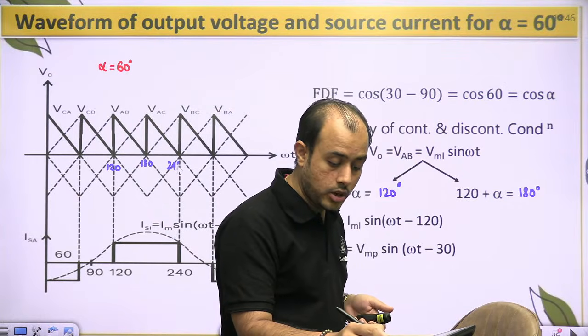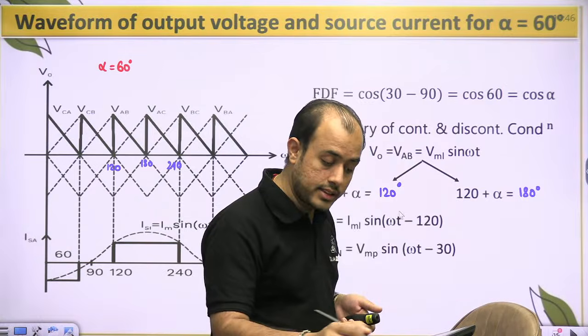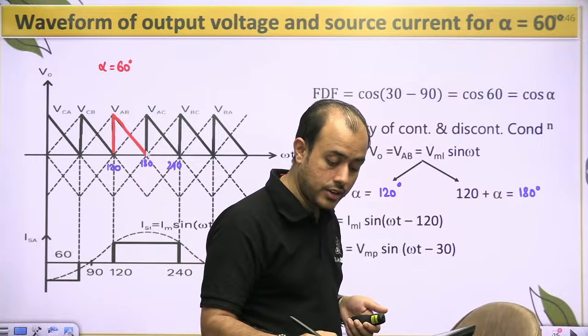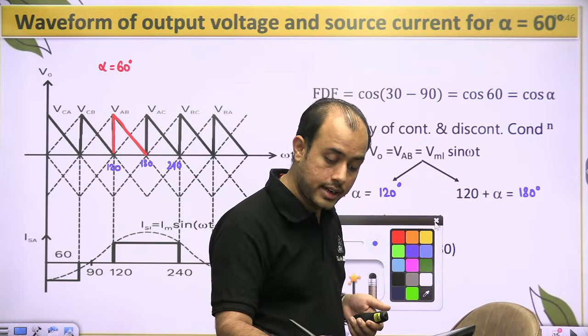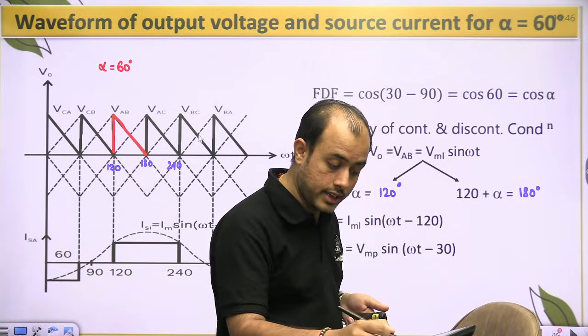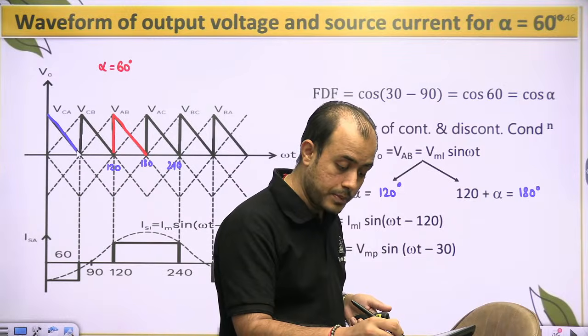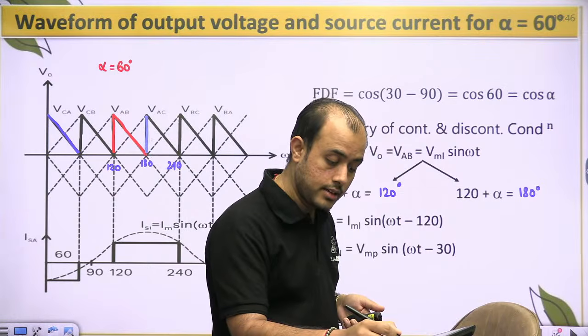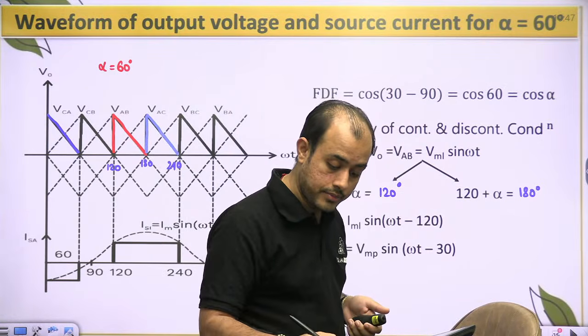Again, beta, whenever the output is VAB or VAC, it means one thing, that the current in A phase is I naught. Okay, what is the current in A phase? I naught. And when it is BA or CA, the current in A phase will be minus I naught.